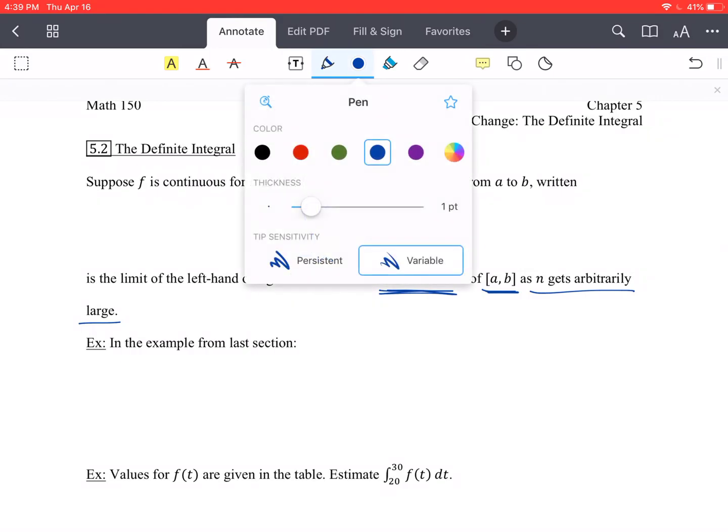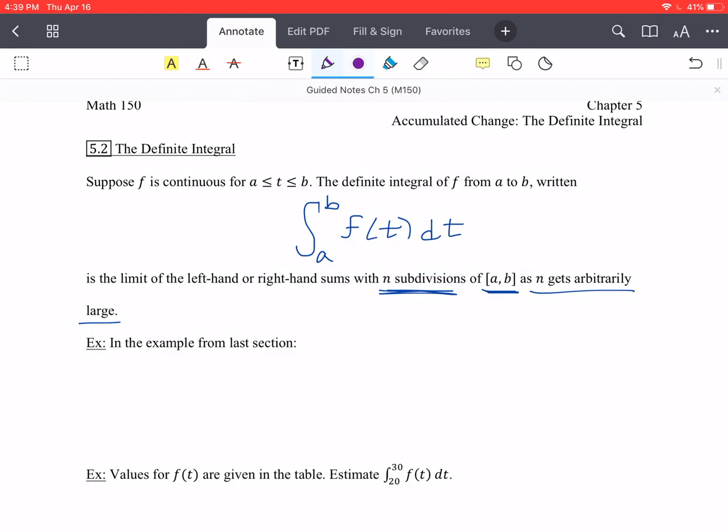So just a couple notational things here to take note of. This function inside of the integral is what's called the integrand. So the integrand is just the function inside the integral, whatever that is. In this case, it's f of t.